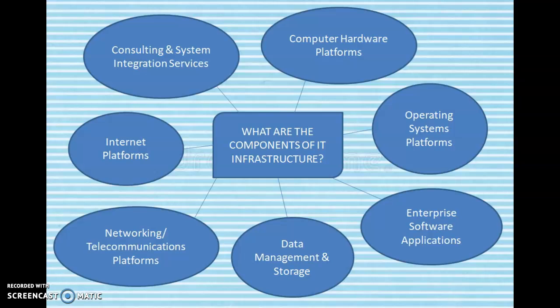Component number 6 is Internet platforms. Internet platforms overlap with, and must relate to, the firm's general networking infrastructure and hardware and software platforms. Internet-related infrastructure includes the hardware, software, and services to maintain corporate websites, intranets and extranets, including web hosting services and web software application development tools.